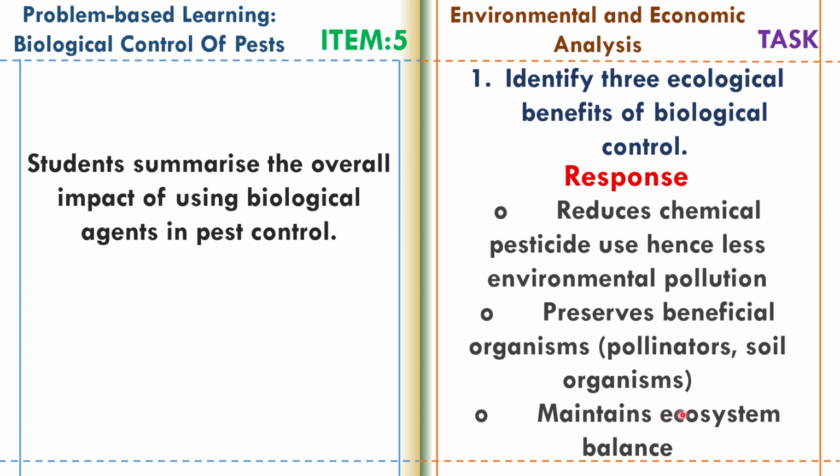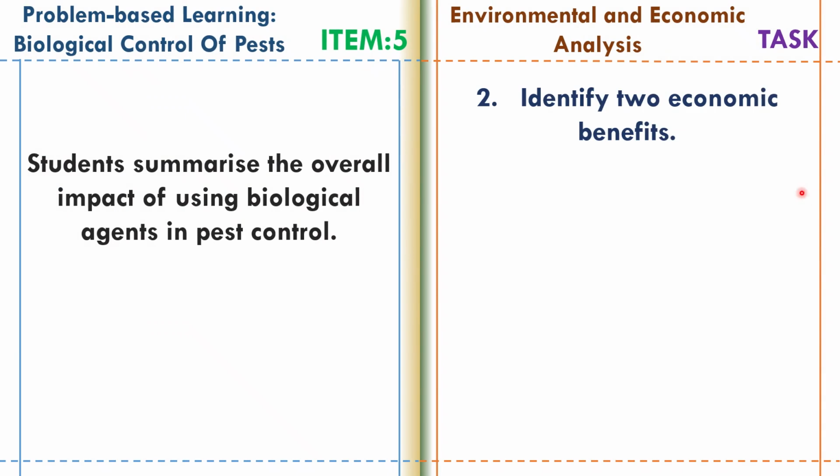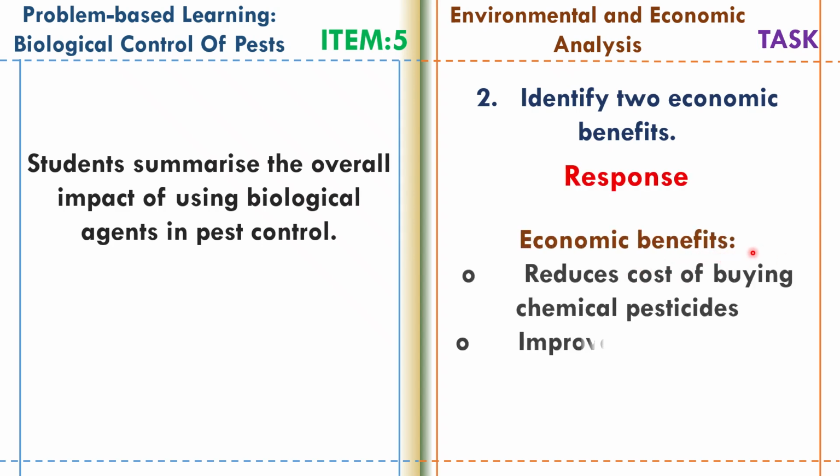It maintains ecosystem balance. Identify 2 economic benefits. Economic benefits: reduces costs of buying chemical pesticides and improves crop yield and quality.